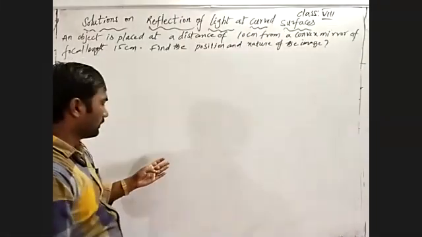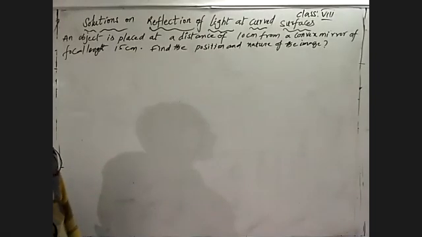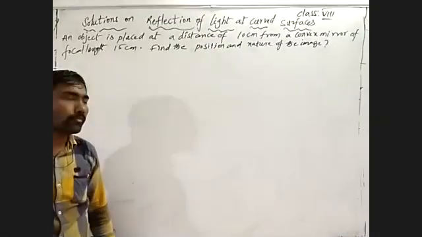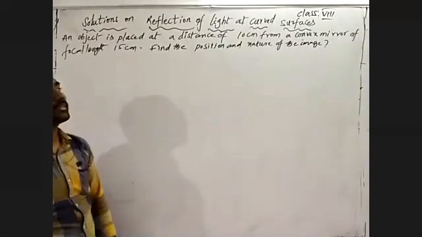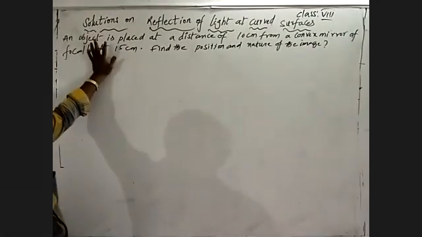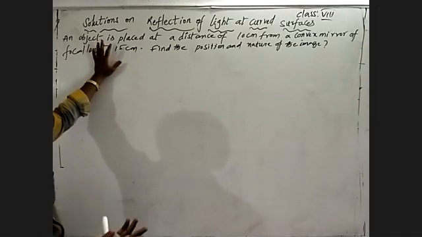What do we have to find? Position means at what distance the image will form. Nature means, what is the character of the image? See here, the object is placed at a distance of 10 centimeter from a convex mirror.